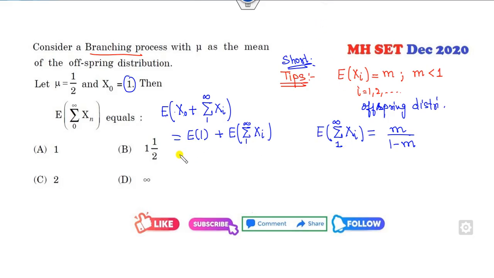E of 1 is 1. What is the probability of the offspring? Half. That is the mean, fine. m is half, so if I substitute here, half over 1 minus half is 1, so 1 plus 1, 2 is my right answer. You can see that I have given you a very simple approach.